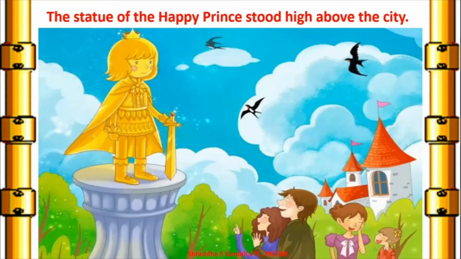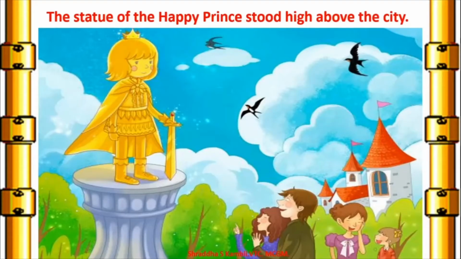So there was a small town in a place far, far away, and in the middle of the town there was a square, and in the town square there was a tall podium on which there was a statue of the Happy Prince. This statue stood high above the city, and it was a center of attraction for all the people, not only for the people living in the city but also for the people visiting from outside.